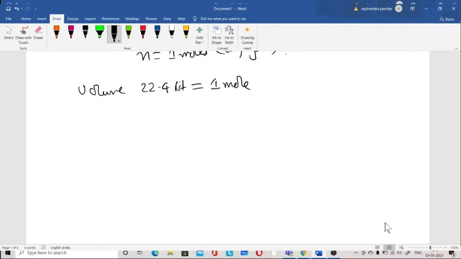Okay, so the calculation also comes on the basis of this volume and mole relation.